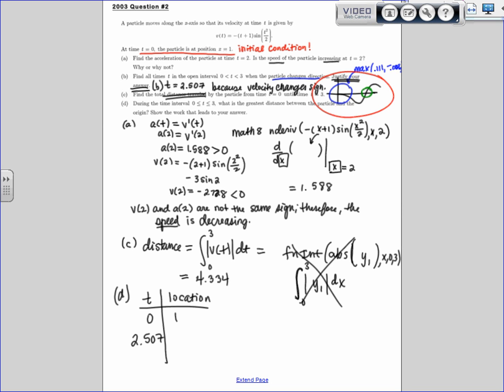If I do math 9 and I integrate from 0 to 2.507, it tells how much I've moved during that entire time period. So I'd put in y1, and then I would integrate dx. Notice I'm not putting absolute values in it. So I'm going to do math 9.